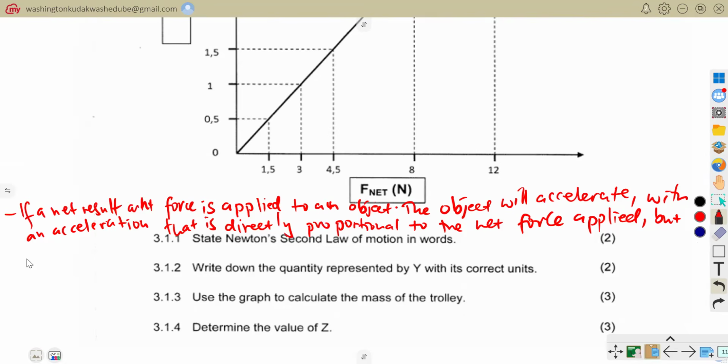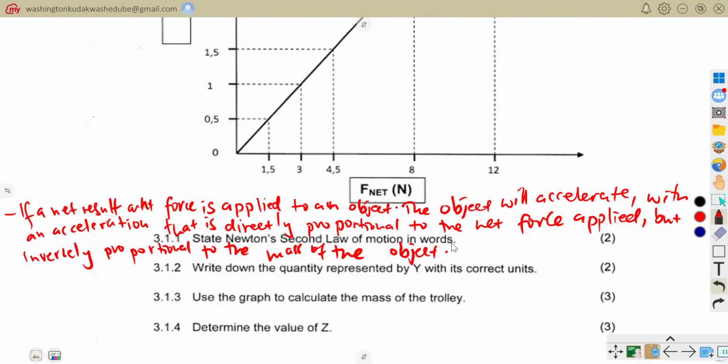but inversely proportional to the mass of the object, in the same direction.